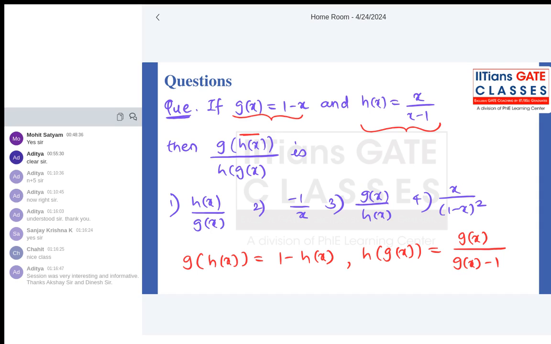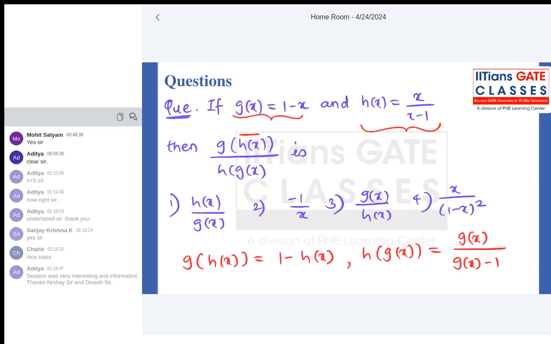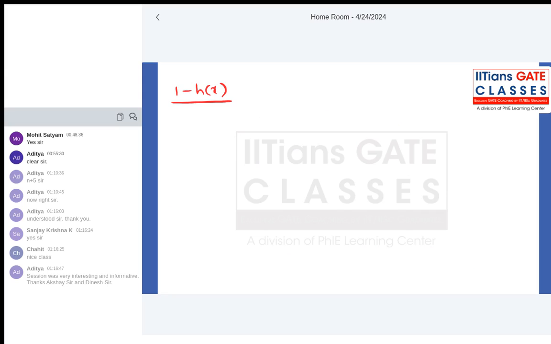Yeah. So now in the question, they are asking the ratio of these two functions. So basically what they are asking is 1 minus h of x divided by h of g of x, which is g of x divided by g of x minus 1.